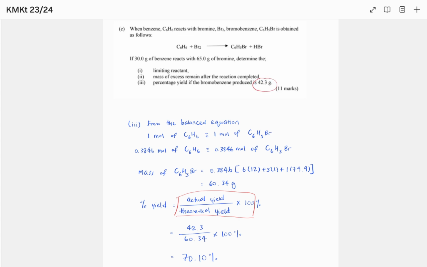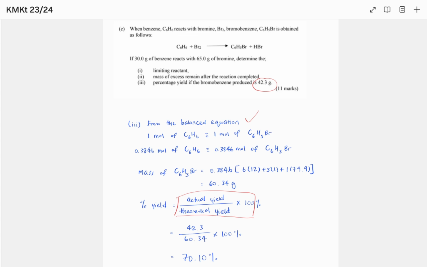So now we will need to find the theoretical yield. And the theoretical yield we can predict by using the balanced chemical equation. So from the balanced equation, 1 mole of benzene will produce 1 mole of bromobenzene. So 0.3846 mole of benzene will produce 0.3846 mole of bromobenzene.